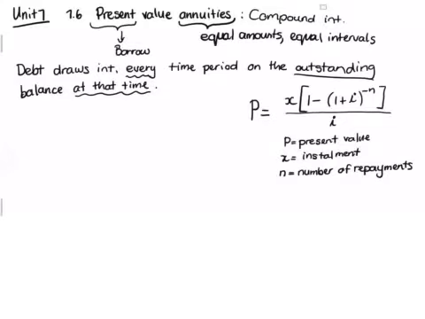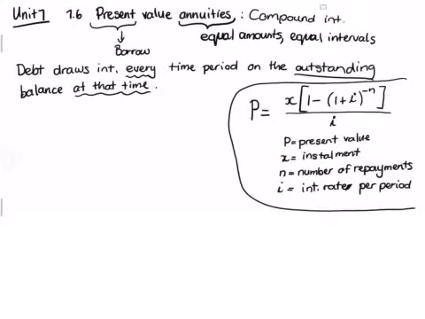That's why we say years times how many repayments per year. i is the interest rate per period, meaning your i will be over m, where m is how many times a year.